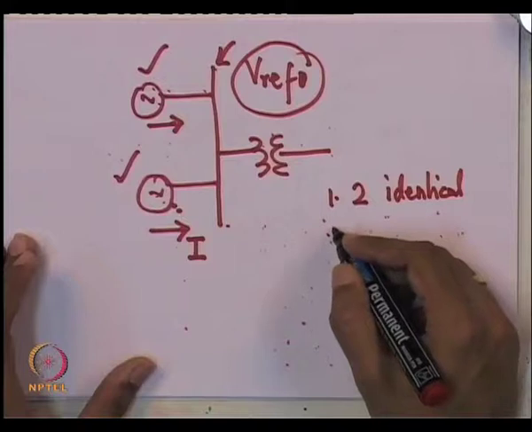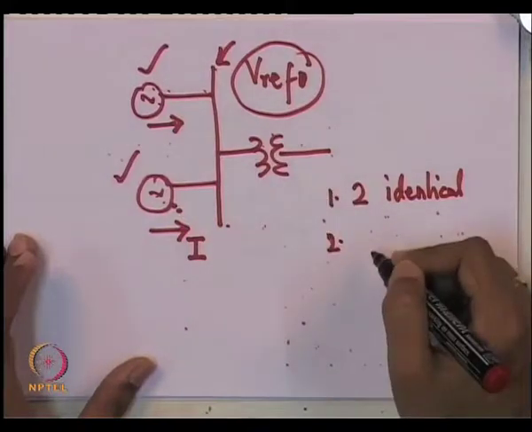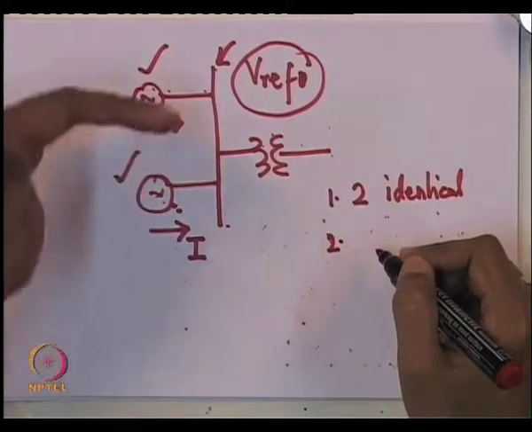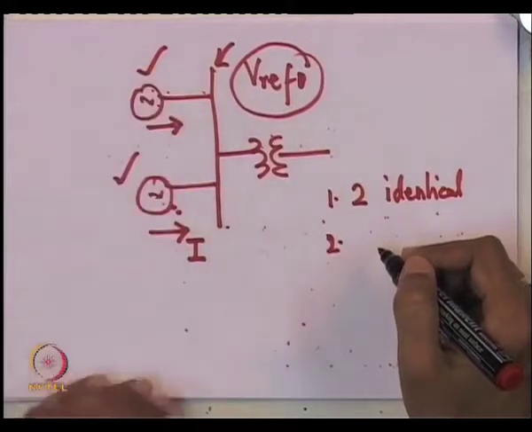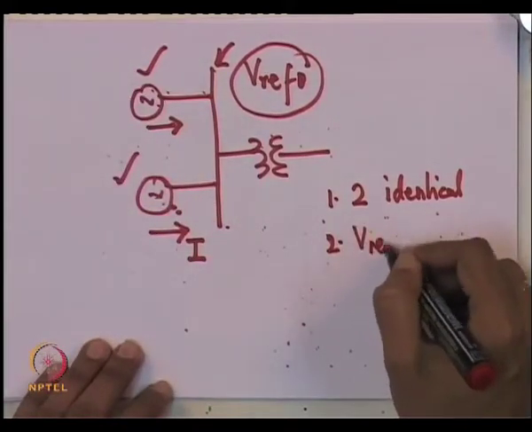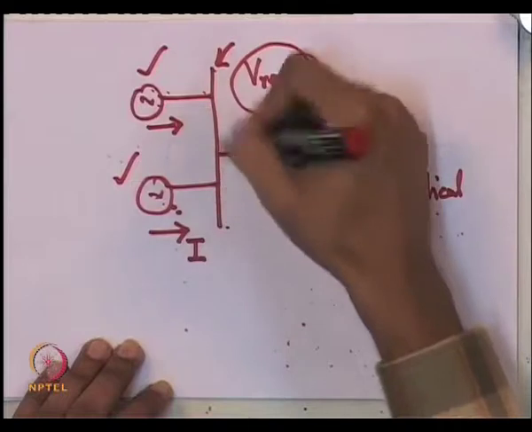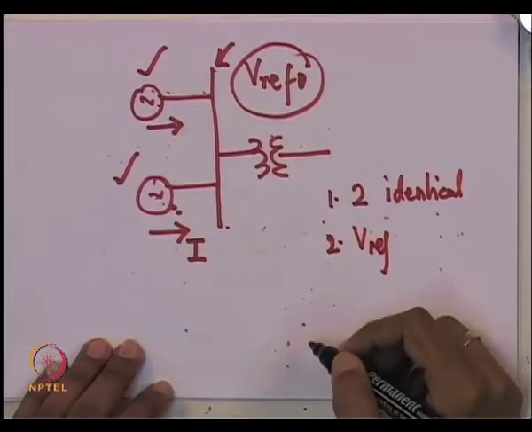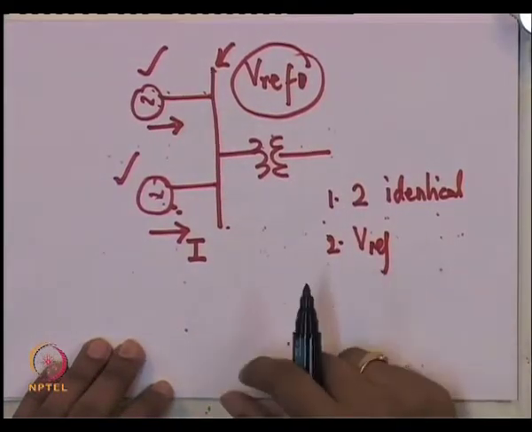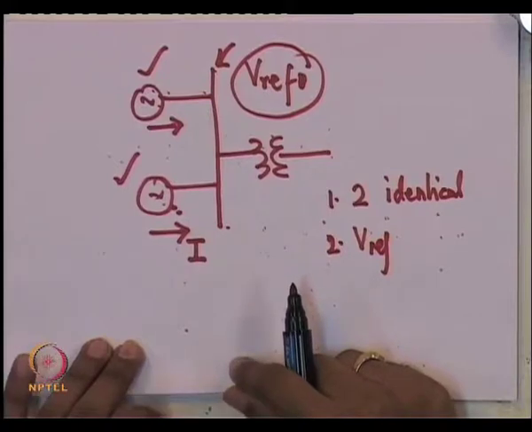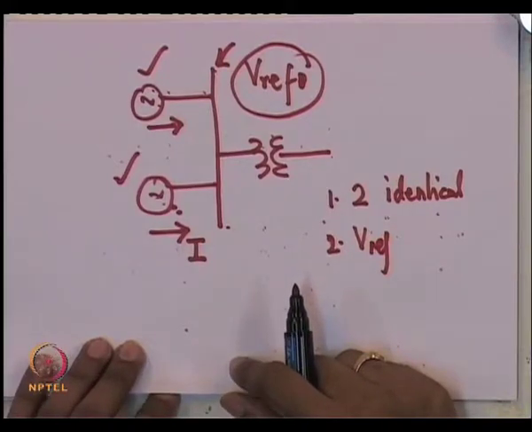Let us assume that the Vref for both the automatic voltage regulators, there are two independent automatic voltage regulators, is the same, and these two machines are bused together at a common point. Then by choosing K1 and K2 appropriately, the reactive power sharing can be imposed as desired by us. So, you can choose K1, K2 as per your reactive power sharing requirement in this situation.